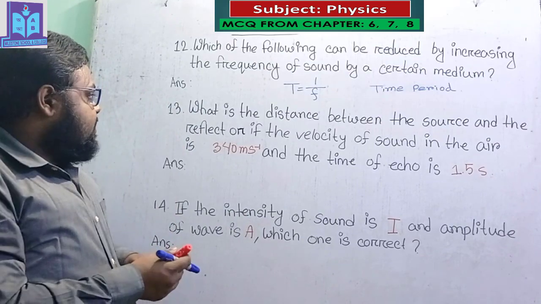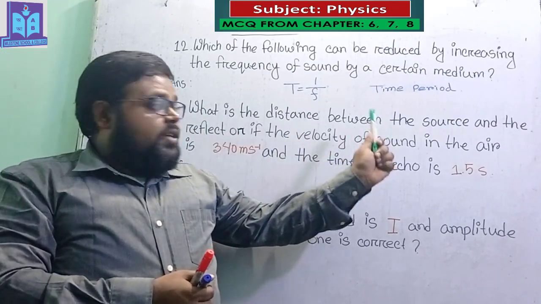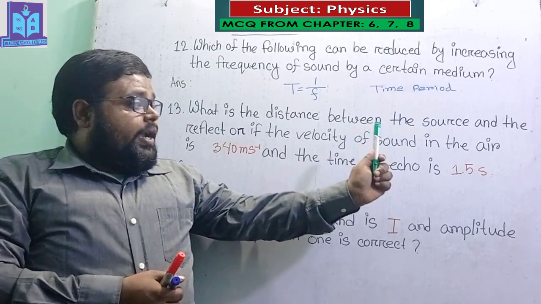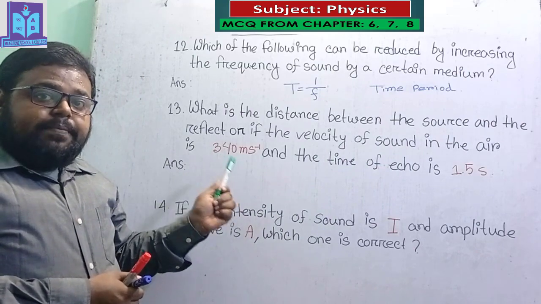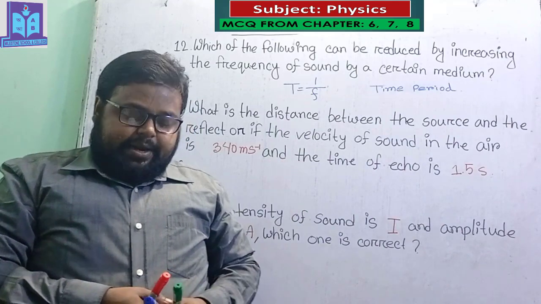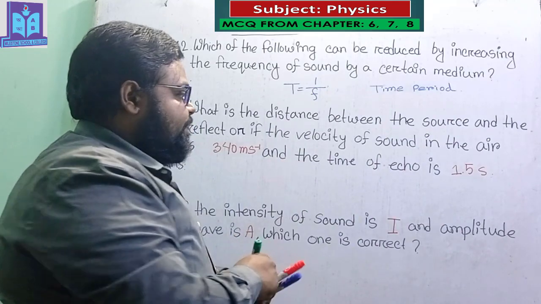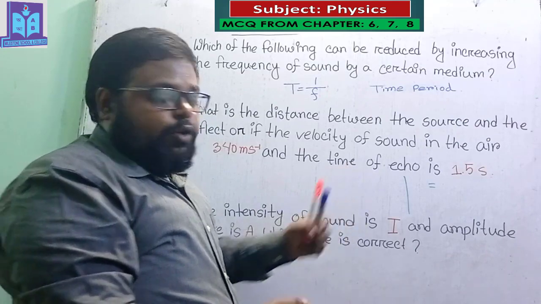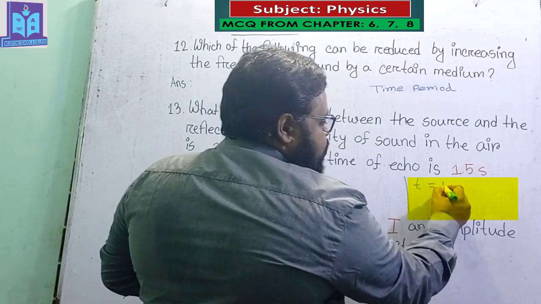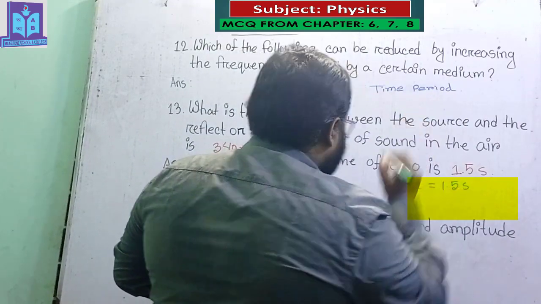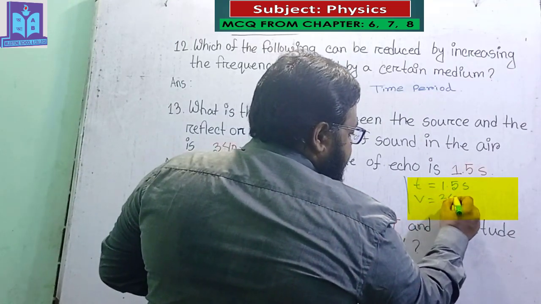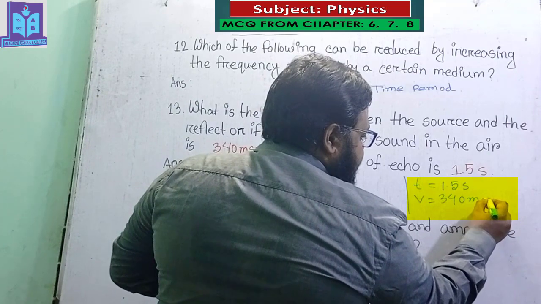Number 13 question is, what is the distance between the source and the reflector if the velocity of sound in air is 340 meter per second and the time of echo is 1.5 second? Here you can see that the time of echo is denoted by small t, which is 1.5 second, and the velocity of sound v equals 340 meter per second.